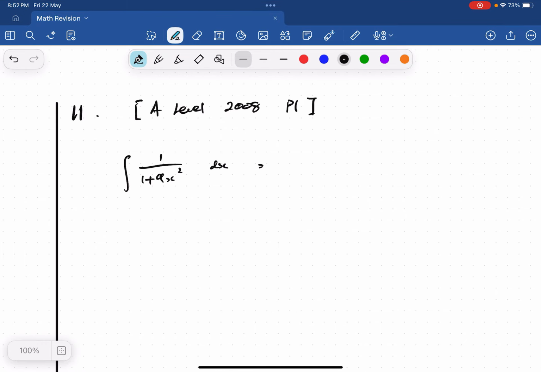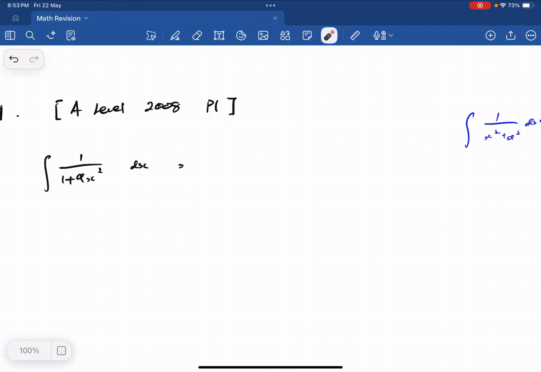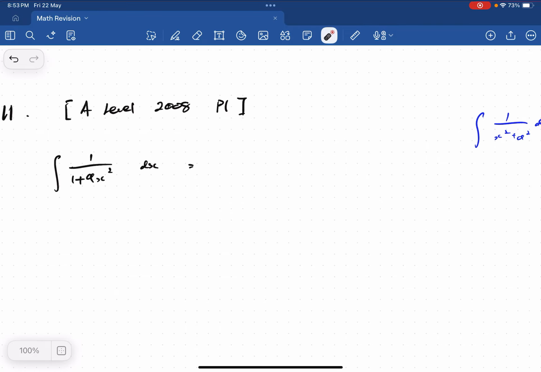Anyway, the key thing here is that the coefficient of x squared has to be 1. No matter what crazy thing the expression gives you, you have to make sure that this coefficient of x squared becomes 1 through some kind of manipulation. I don't want 9x squared, I just want x squared.